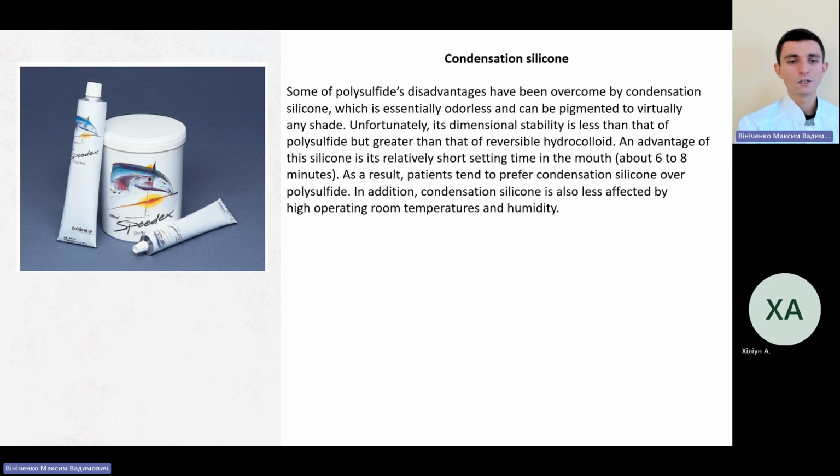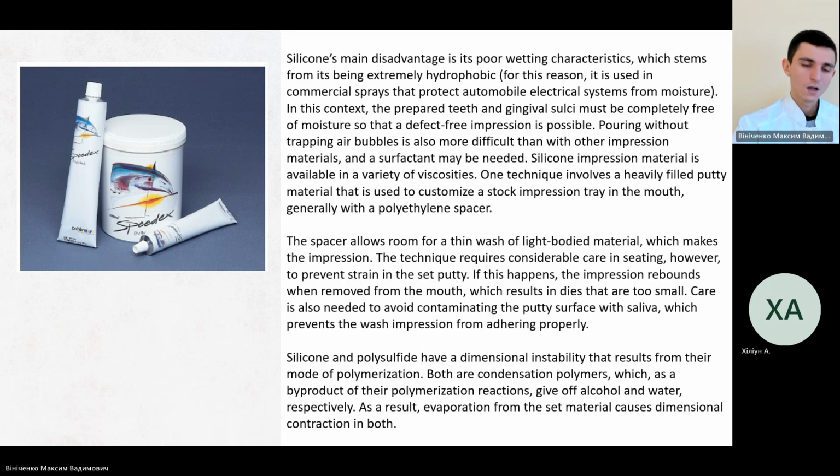In addition, condensation silicone is also less affected by high operating room temperatures and humidity. Silicone's main disadvantage is its poor wetting characteristics, which stems from its being extremely hydrophobic. For this reason, it is used in commercial sprays that protect automobile electrical systems from moisture.